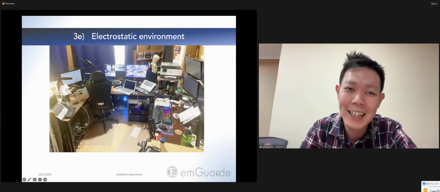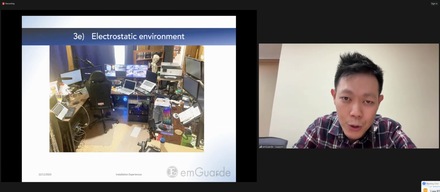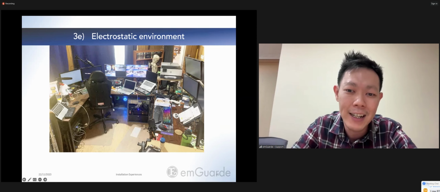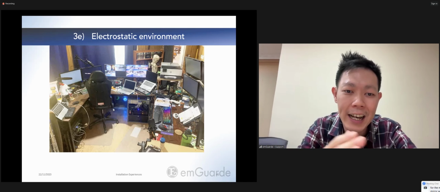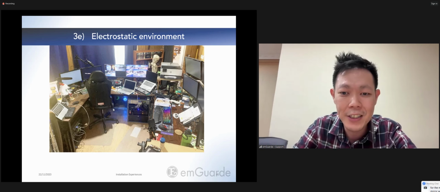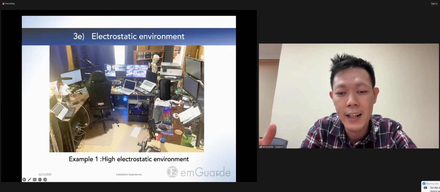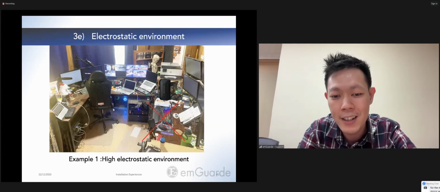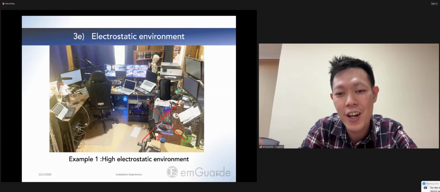So next, another thing we need to take note of is the electrostatic environment. A lot of electronic gadgets, when they are operating, have current running inside. So in this area, if we install an emGuarde on the table, it may affect the range of the emGuarde's efficacy.